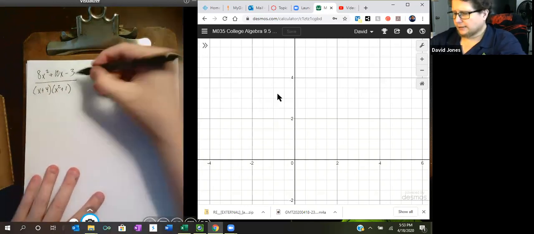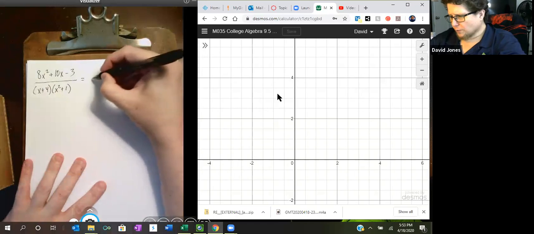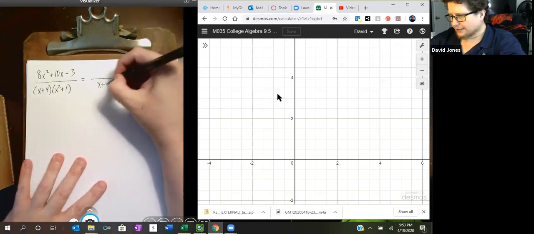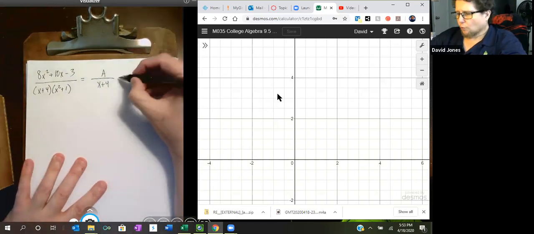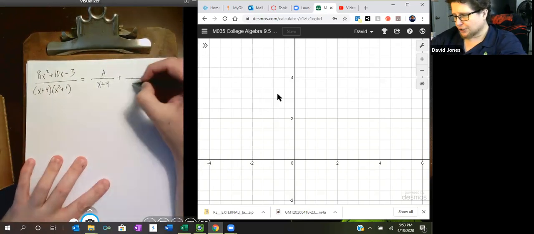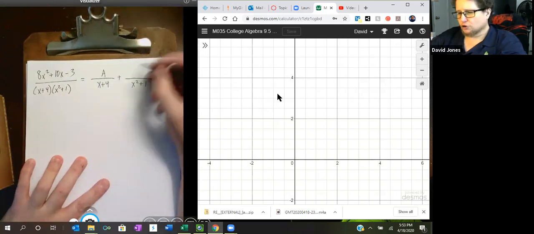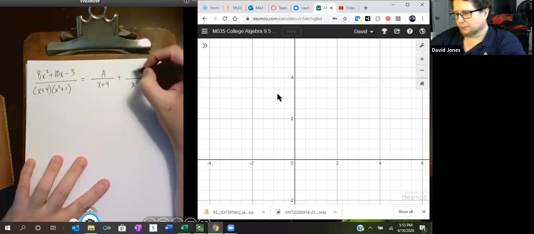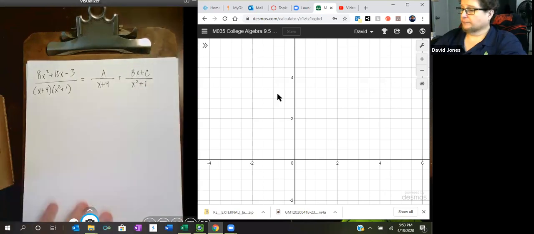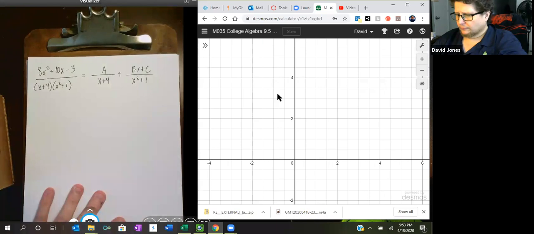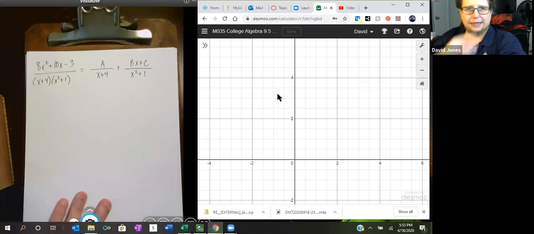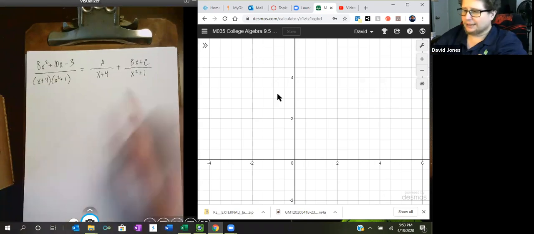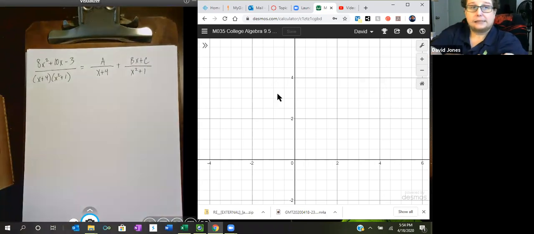Now here, the term with the x plus 4 just gets an A on top. When you have a square in the term, you don't just put B, you put Bx plus C. We clear fractions. So actually try working it out, see what you get. This is the only thing that's changed, making it a Bx plus C.